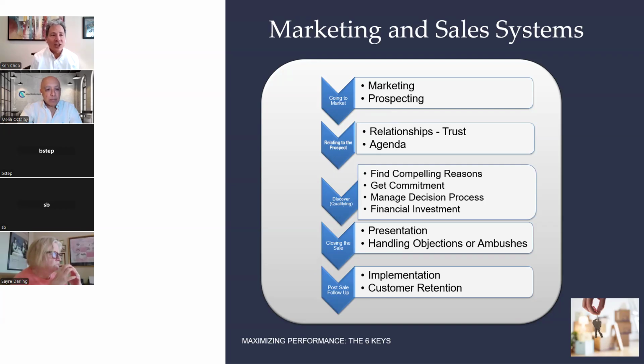Okay, and so the presentations are a lot more spot on, because they've had the conversation about all those things, and you're on the same page. So it takes the pressure off the presentation, and then how they're handling objections and making sure after you close the deal they don't back out, and how you're setting up implementation plans so that everybody's expectations are met and that you create a loyal customer.